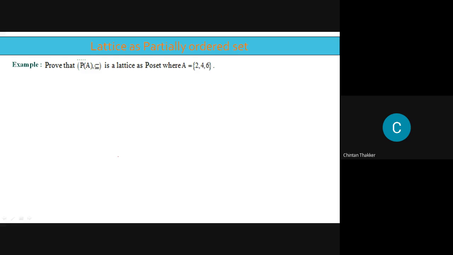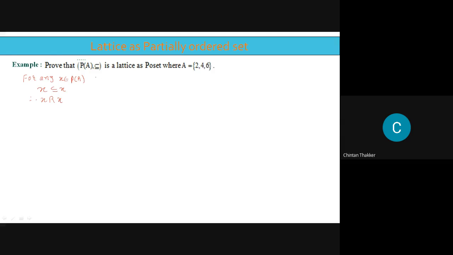So here, the same way as we did for the divisibility relation, first we have to prove that it is a poset. For any x belongs to P of A, you can say that x is a subset of x, so x is related to x.